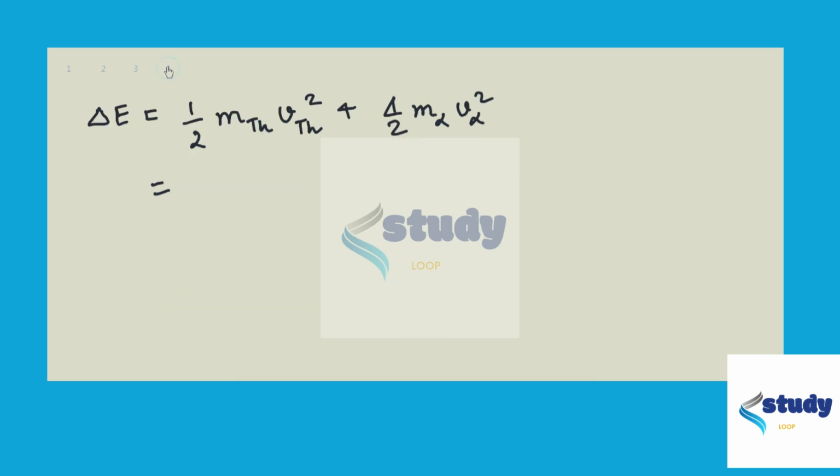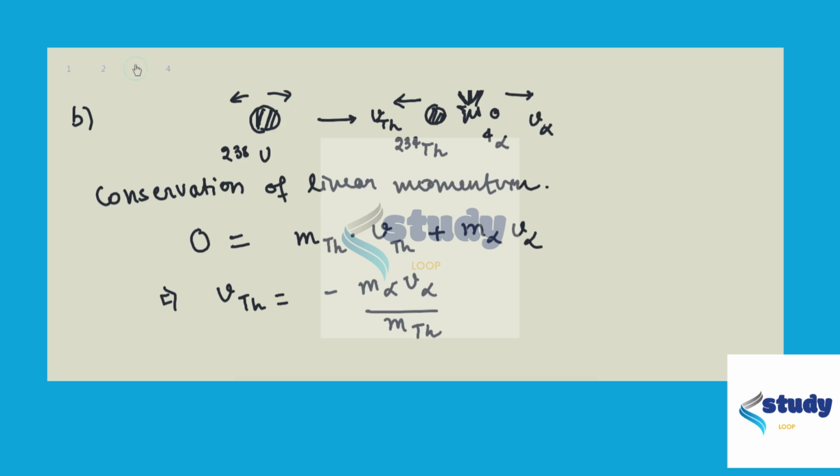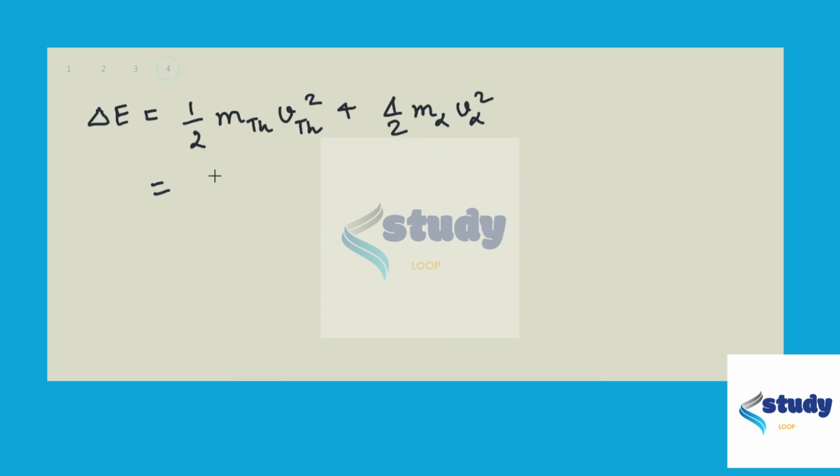Or rather, V alpha equals minus m thorium V thorium over m alpha. We can substitute this here. How do you do that?